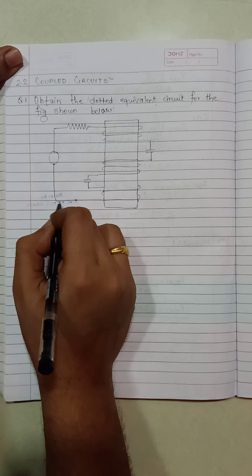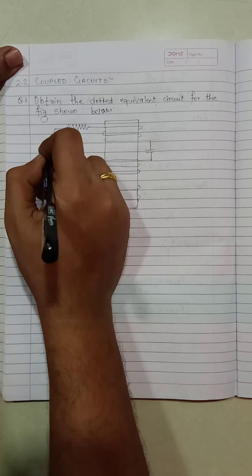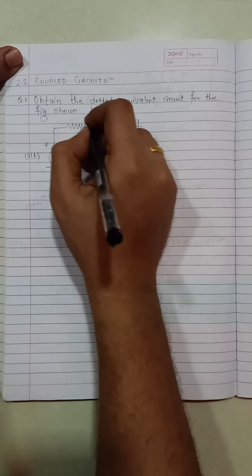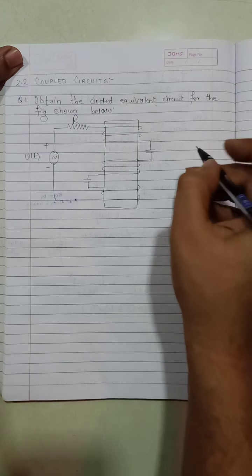This is excited by a voltage source plus minus V of t. This is R.